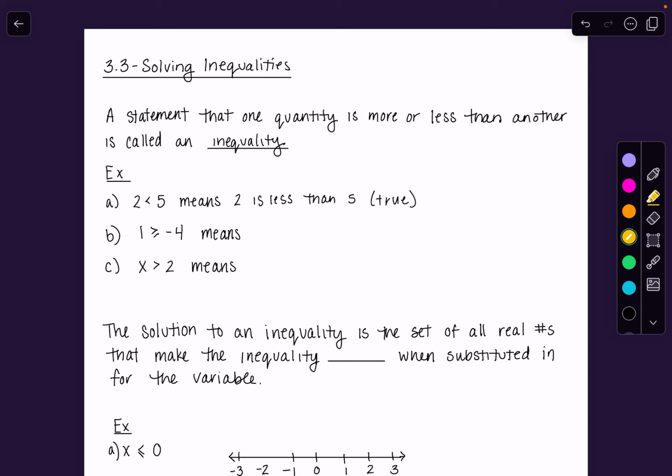Okay. So really this symbol in between means less than. If I have 1 with the symbol pointing towards the 1 instead, and then -4, this means 1 is greater than or equal to -4.